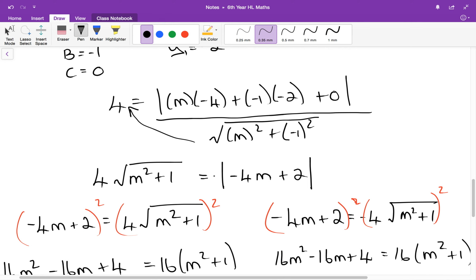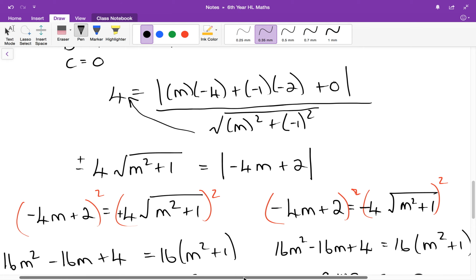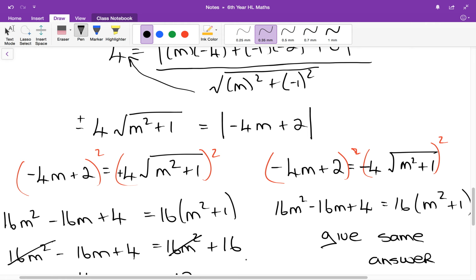I suppose you have two options from here. You can square both sides, or you can let the modulus equal plus or minus this, which is what I did. So this is the one where it's plus the 4, and this is the one where it's minus the 4. It probably didn't matter in this case because normally you do the plus or minus thing to avoid having to square it out, but you have to square it out here anyway because you have square roots.